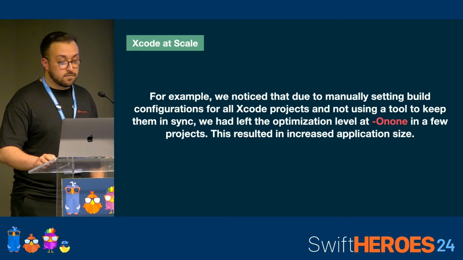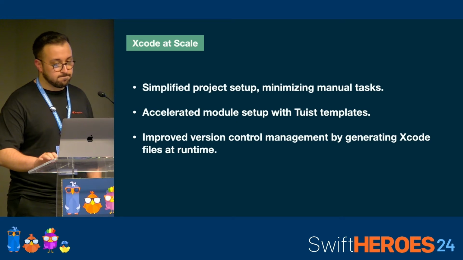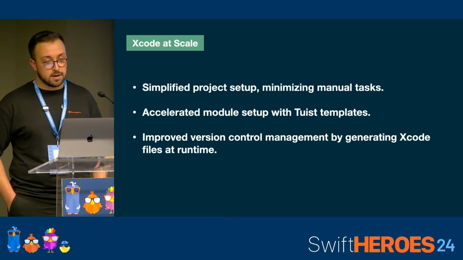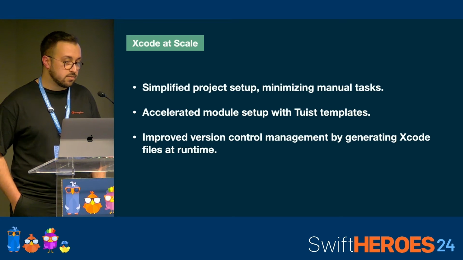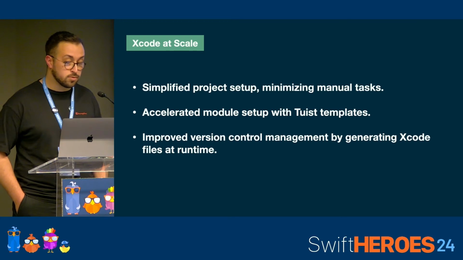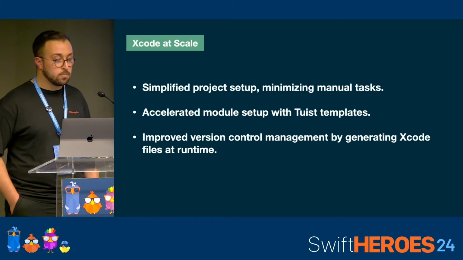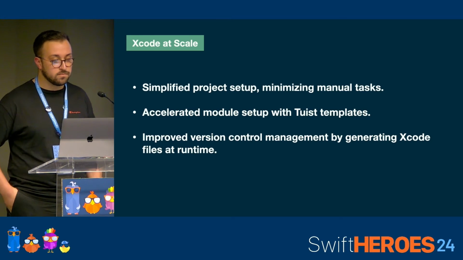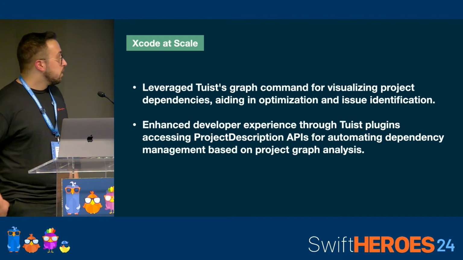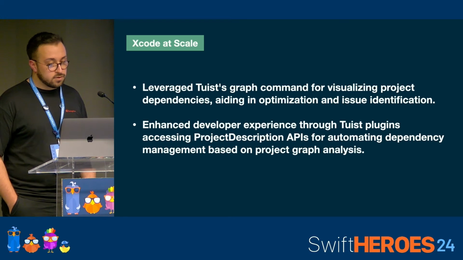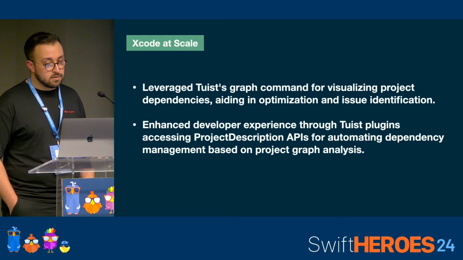So let's take a look at what Tuist handled for us. Tuist simplified our project setup process by eliminating manual tasks and made module setup easier with the Tuist scaffold command. It also saved us from conflicts happening in Xcode project files. Additionally, we take advantage of Tuist graph and plugin features to enhance DevX.